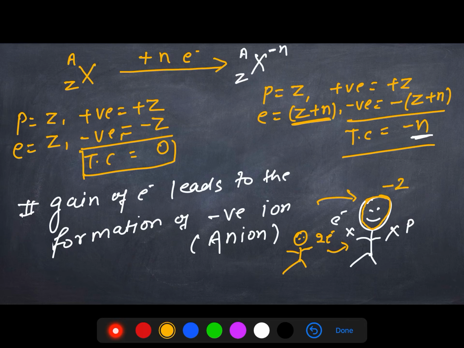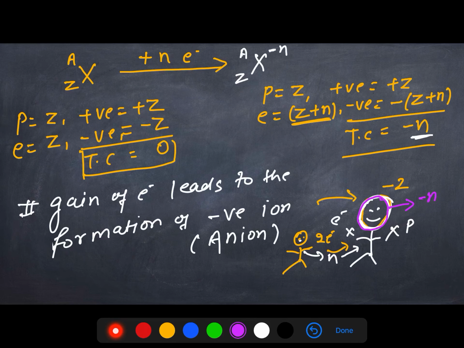Yes or no? That person will have 2 extra electrons, and because of those 2 extra electrons, this person will carry a minus 2 charge now. In other words, if this person gives n number of electrons to this person, will this person have n extra electrons? This person will have n extra electrons, and in that case, it will show a minus n charge, right?